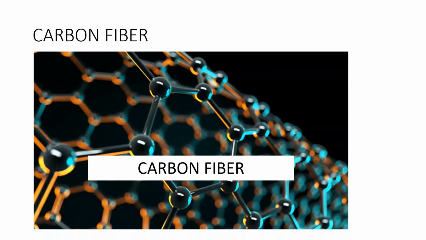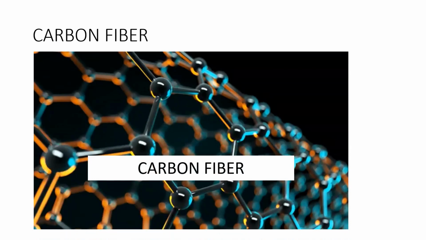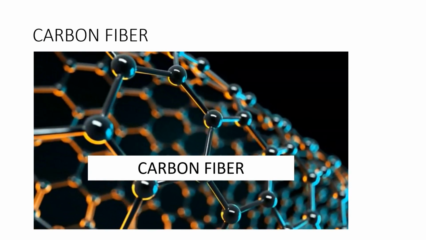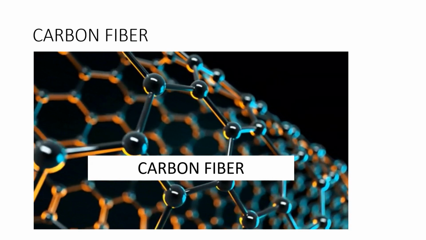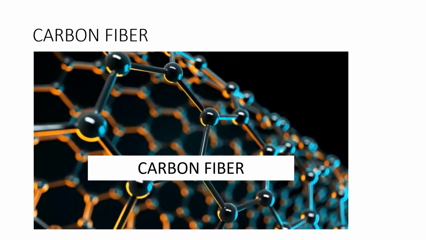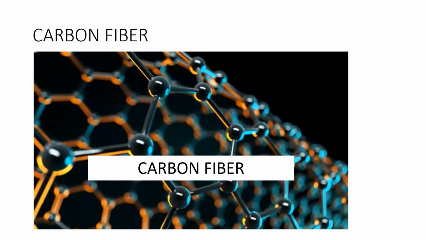Now we will go through the structure of carbon fiber, how it actually looks. The atomic structure of a carbon fiber is almost similar to that of graphite, consisting of carbon atom layers, whatever we saw in the graphene sheets when we were learning carbon nanotubes.